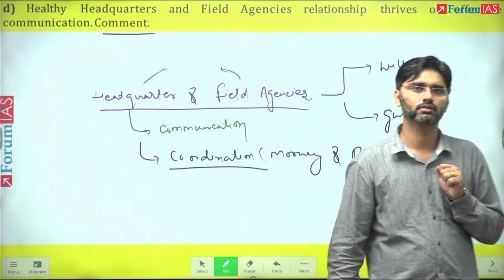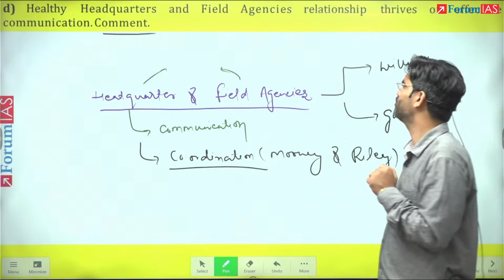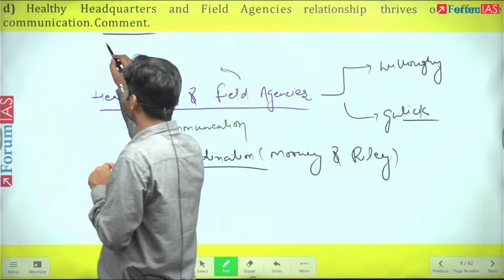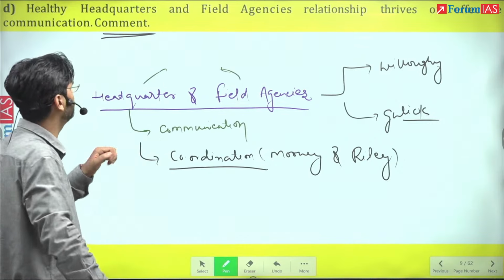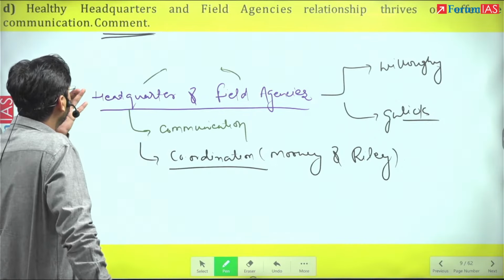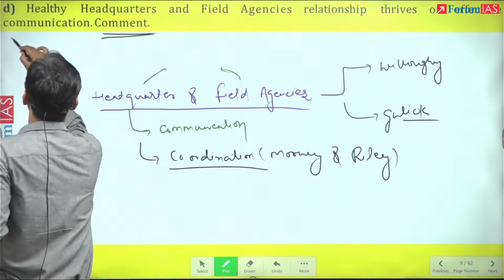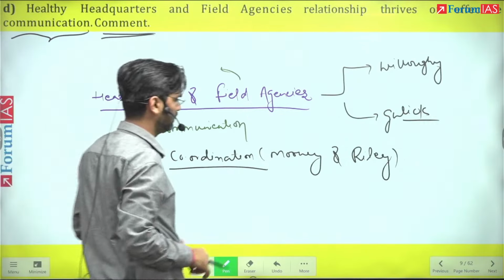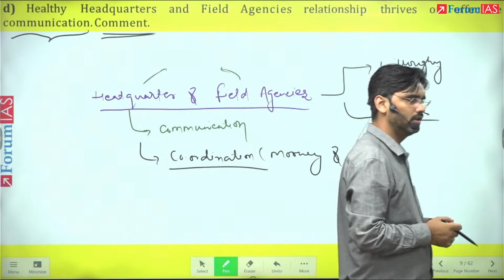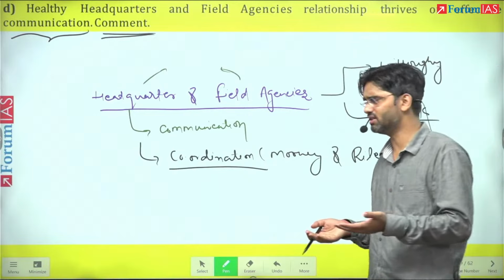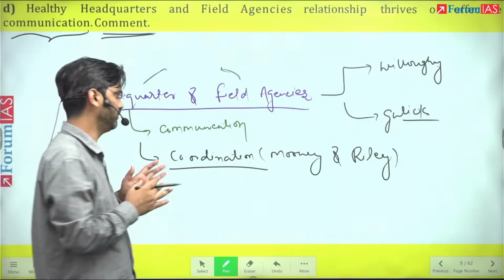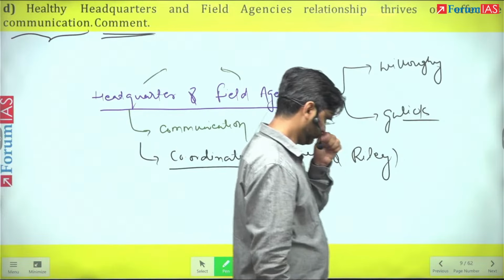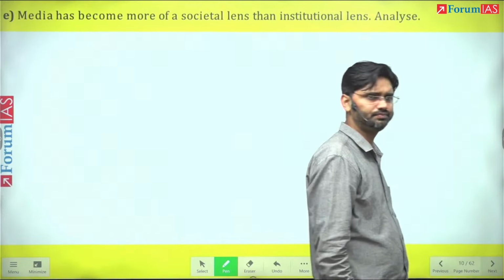Here you need to argue. Since the question is asking you to comment, your answer must not be one dimensional, only related to communication. Then you can also write decision making. Decision making is, by the way, also one very good concept which can be used here.